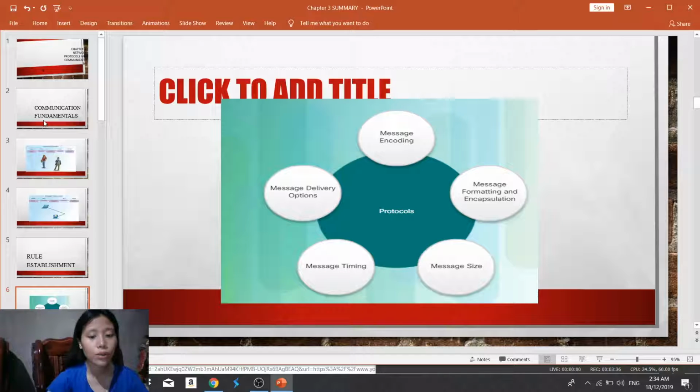But before that, there is also message size. It's another rule of communication: when people communicate with each other, the messages they send are usually broken into small parts or sentences.